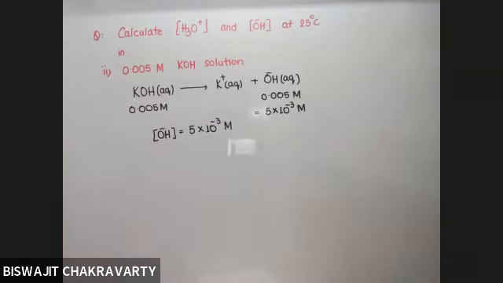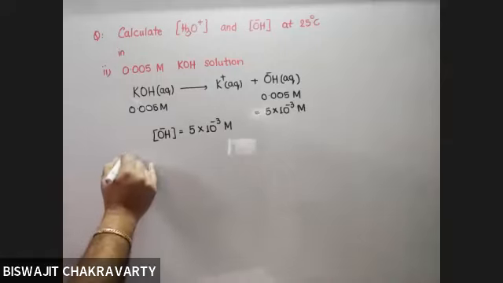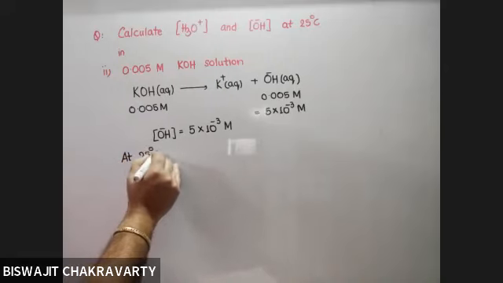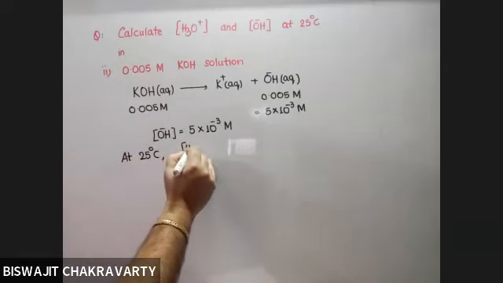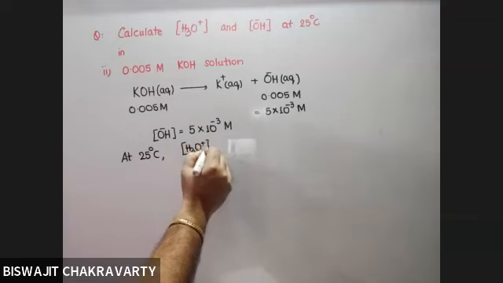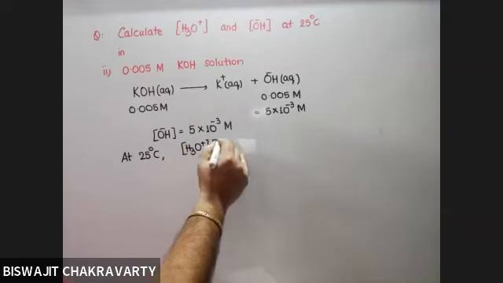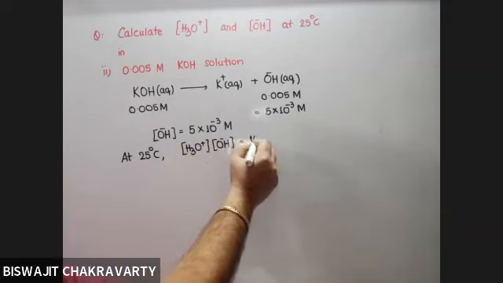OH- concentration is 5 into 10 to the power minus 3 molar. At 25 degrees Celsius, H3O+ into OH- is equal to 10 to the power minus 14.